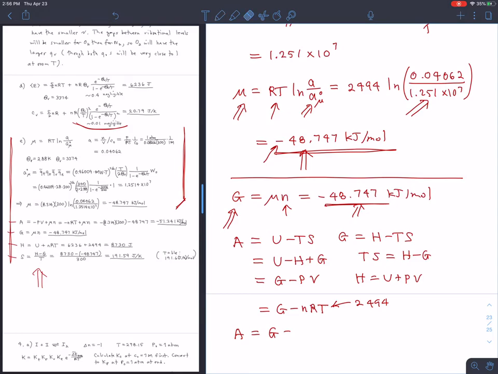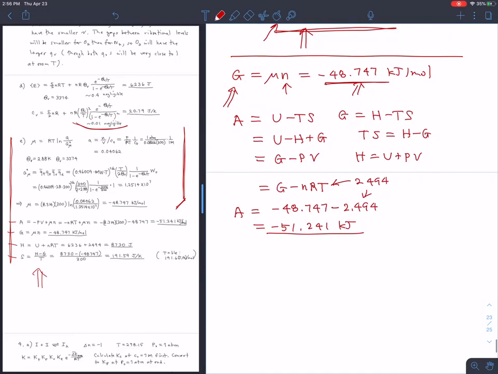So it's just minus 48.747 minus 2.494, right? That's 2494 in kilojoules. And that is equal to minus 51.241 kilojoules. All right, that's the Helmholtz free energy.